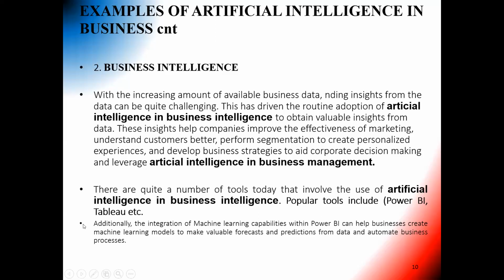All right, so we're talking about using AI to have insights in terms of business intelligence.